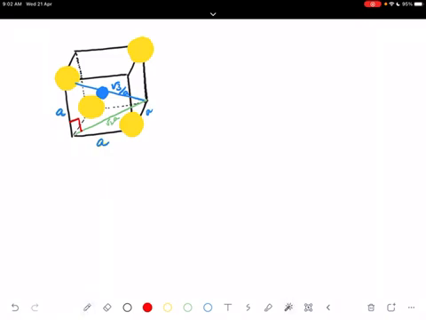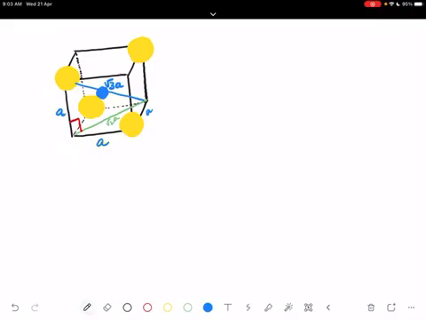So you can imagine another Pythagoras triangle: the green line, the blue line, and the black line. This green square plus this a square is equal to this body diagonal square, the blue line square. So you can find that it is root 3 a.